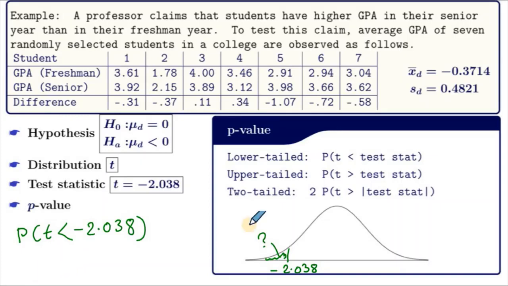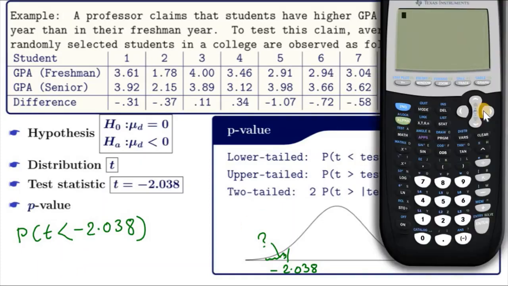Now, let me pull up my calculator on the screen. Then go to second distribution. Here we'll be using tcdf, which is number 6. Then hit enter. So for our lower value, we are looking at this point here, so our lower value will be a negative large number. For this one, I'm going to take negative 10,000. And our upper value is negative 2.038.